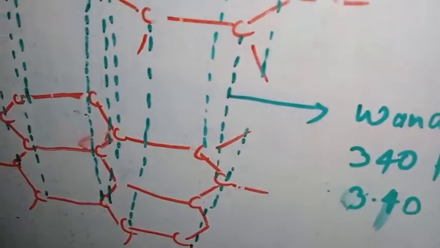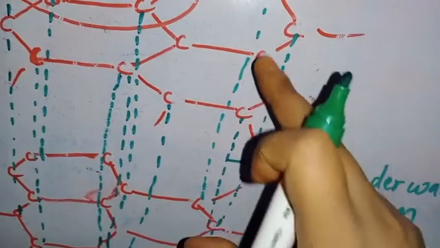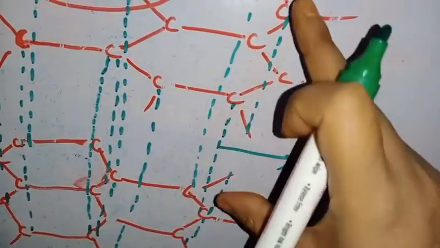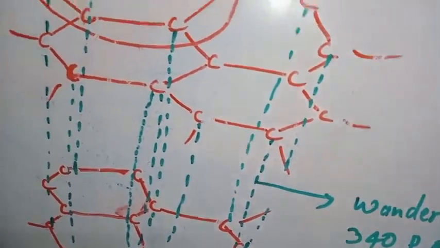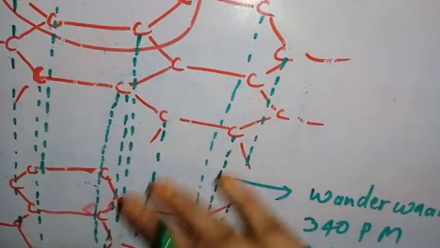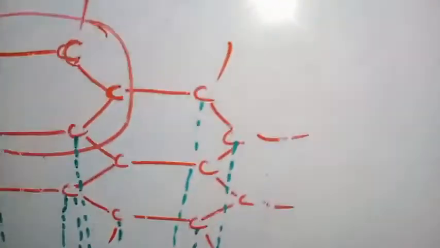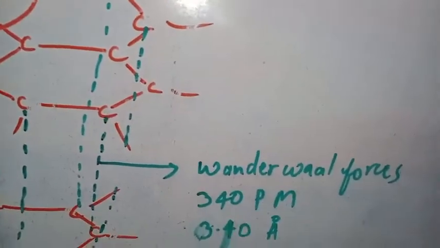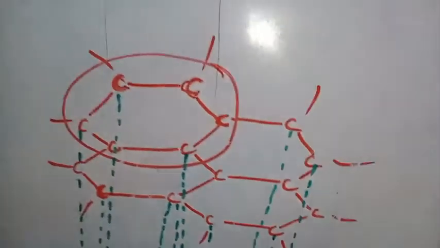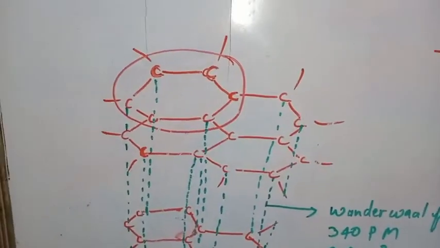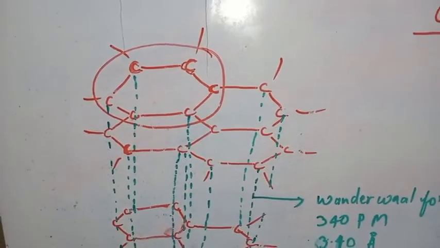So the distance means this distance, the distance between the two successive layers, this layer and this layer, is about 340 picometer, or 3.40 angstrom. So that's how you can see the structure of graphite.